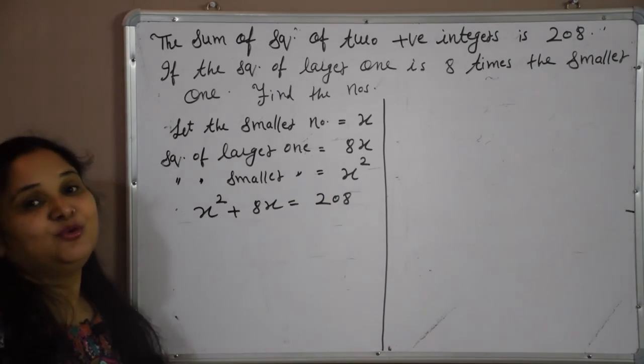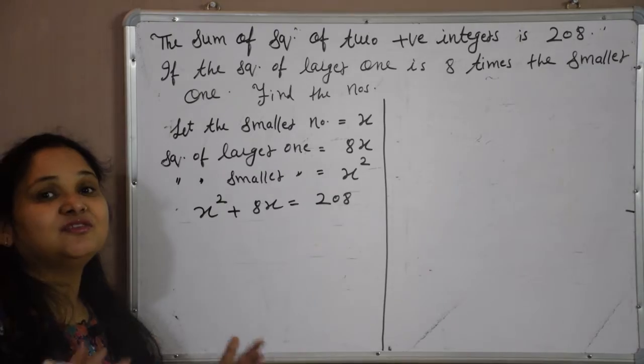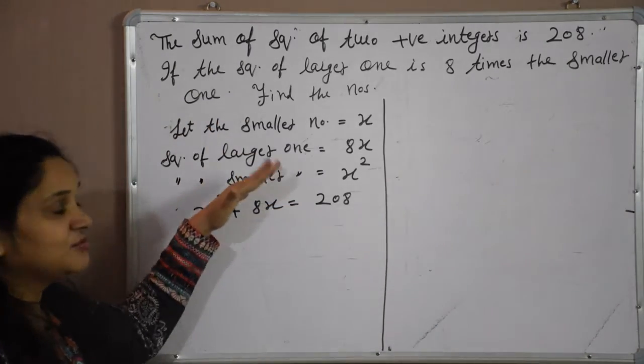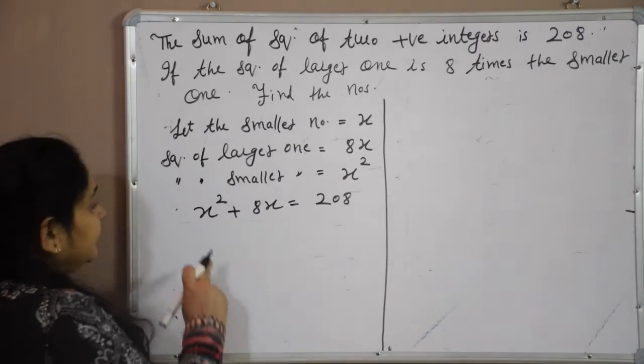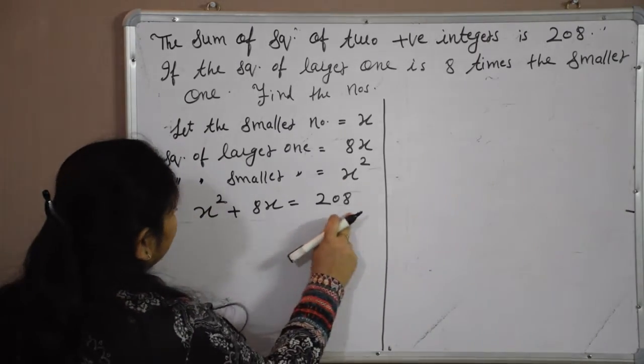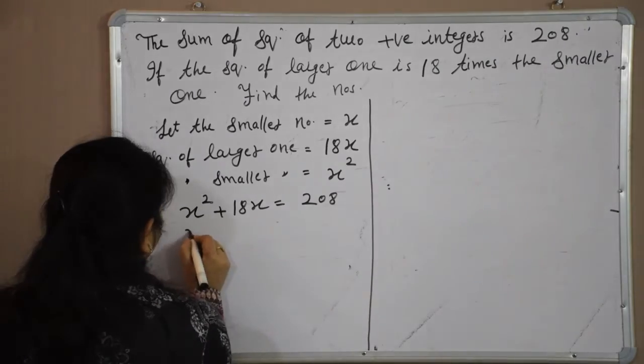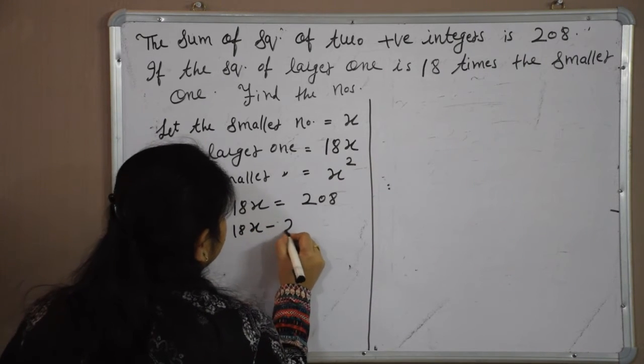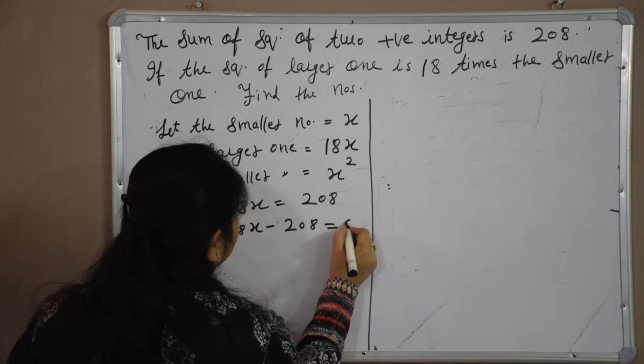Otherwise what we are doing in other questions, we are taking the square of the larger number also. That is the only difference between this question and the previous ones. So x square plus 8x is equal to 208. x square plus 8x minus 208 equals 0.